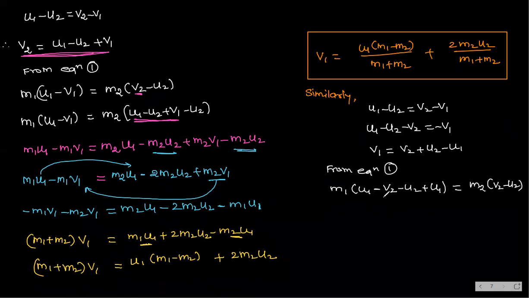Clear? Just this V1 value we have substituted. Minus V2 minus U2 plus U1 after multiplying with the minus sign.